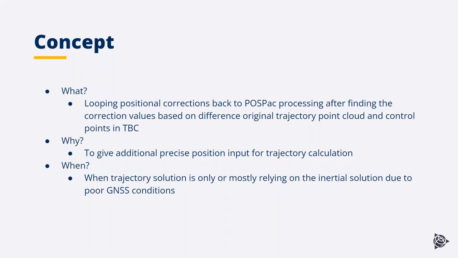So pfix is something you would consider when you have a really poor data set from the positioning and navigation and orientation perspective. If you're in the open sky, you have a good base station and so on, you would probably not need to do this. You could just use the normal registration.